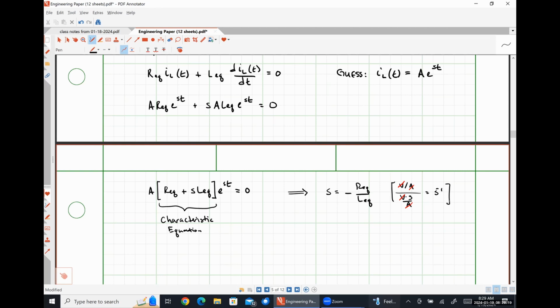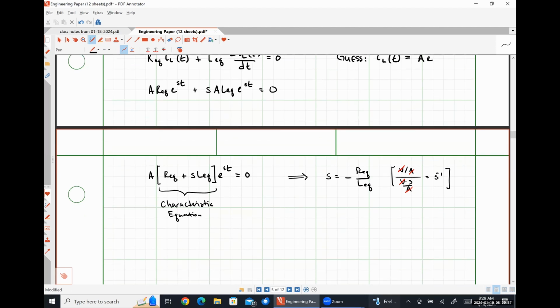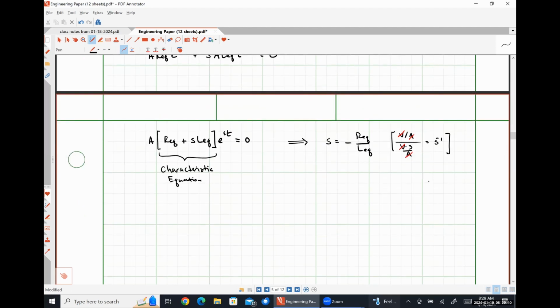So this is telling us how our signals will naturally decay when there's no energy input into the system other than what it originally had. Okay. So we figured out what S is. So now we need to figure out what A is, right? So we have this relationship. Our inductor current, IL of t, is of the form A e to the negative REQ over LEQ times time.